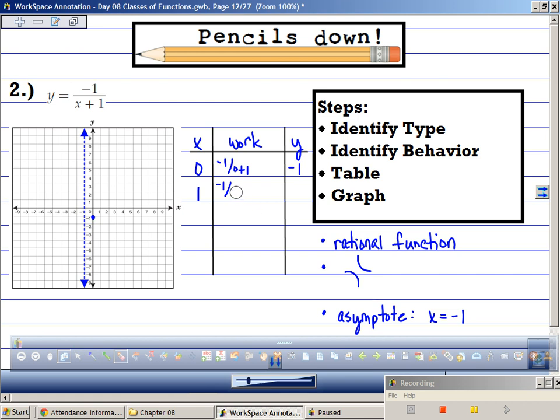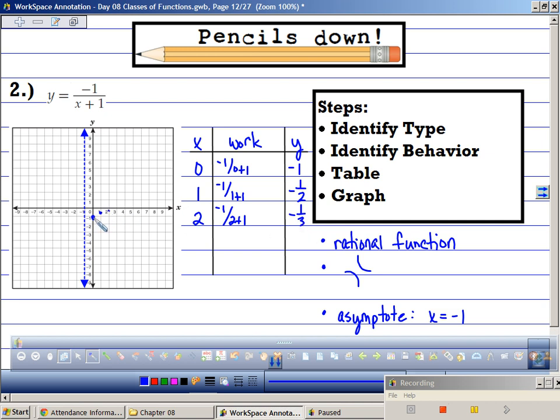What's 1 over 1 plus 1? -1/2. So as I go over to 1, it becomes -1/2. I wonder what happens when I go to 2. What does that become? -1 over 3. So what do you see happening?